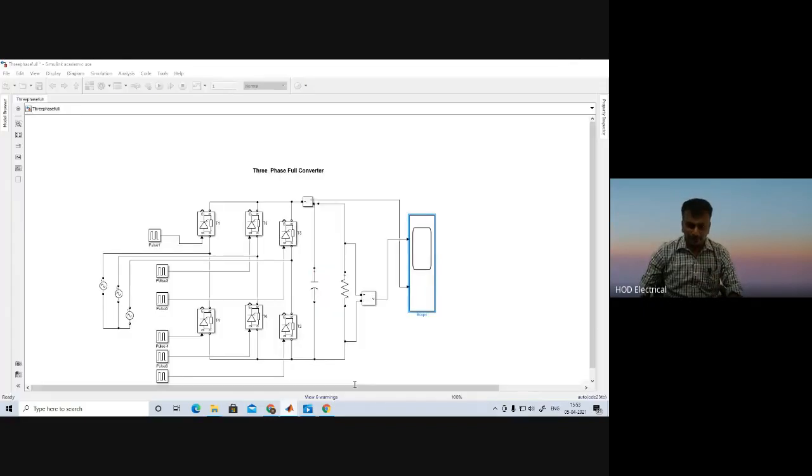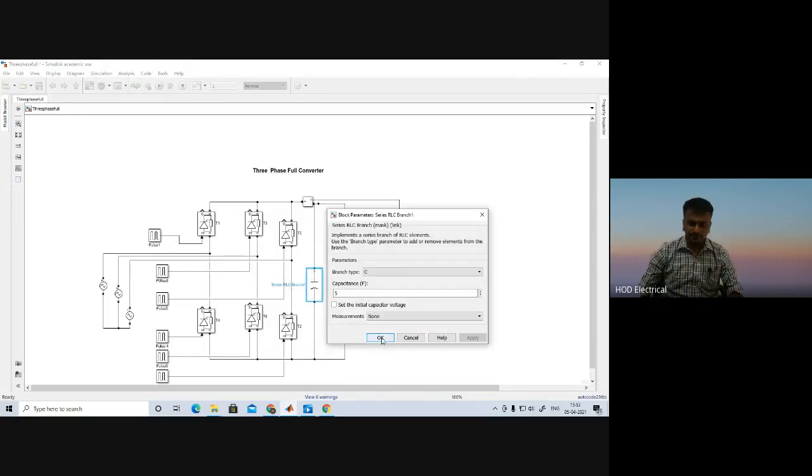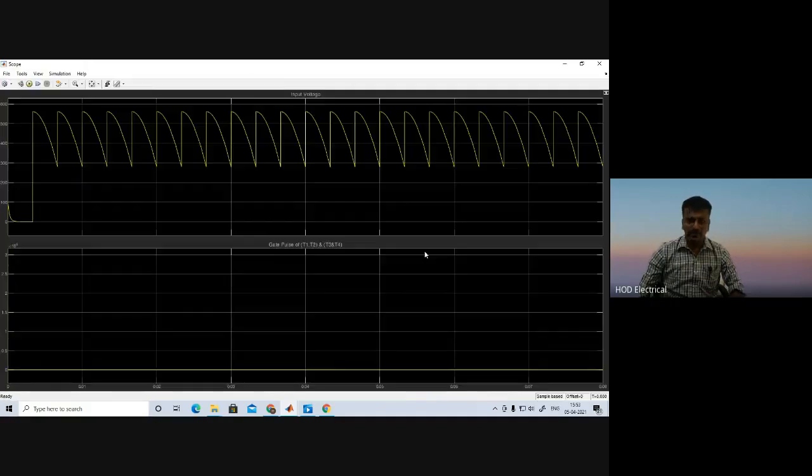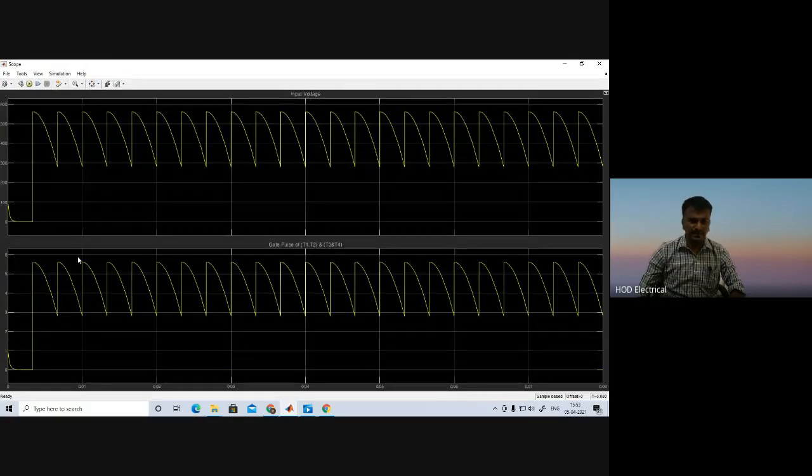Similarly, if you take the three-phase full converter, previously we had given 10 farad. Now I am going to start from the beginning, with open voltage. If you run the simulation for 0.08 seconds, meaning 4 cycles, see here the ripples in the output voltage.